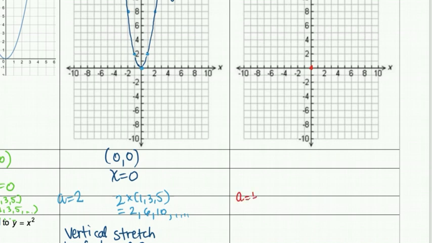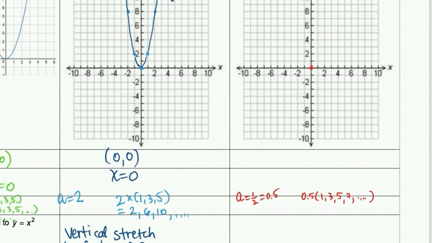Again, it's 1/2. I'm okay if you want to go to decimal for these, just because we have to try plotting them. So you have 1/2 or 0.5 times 1, 3, 5, 7, etc.